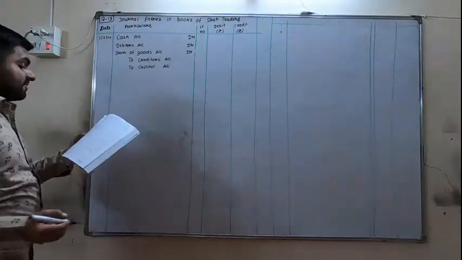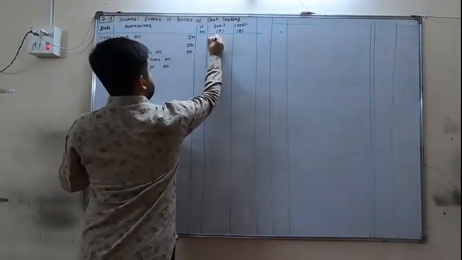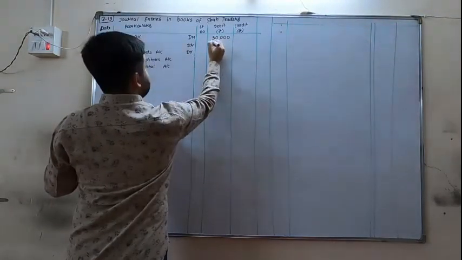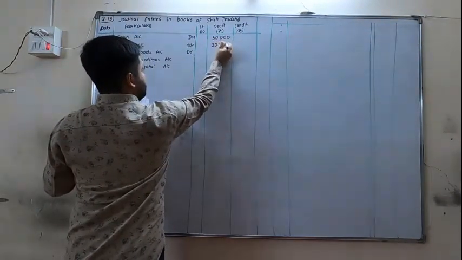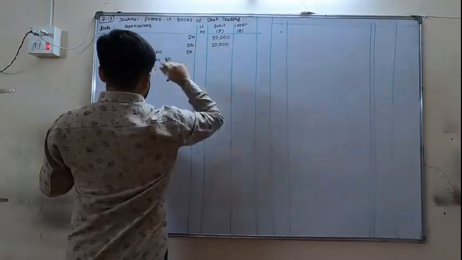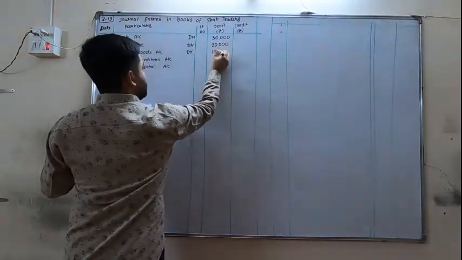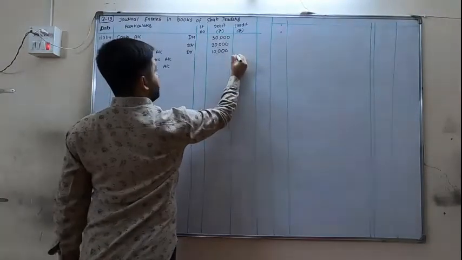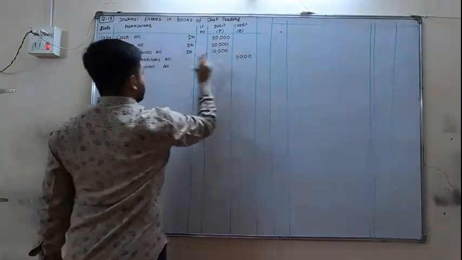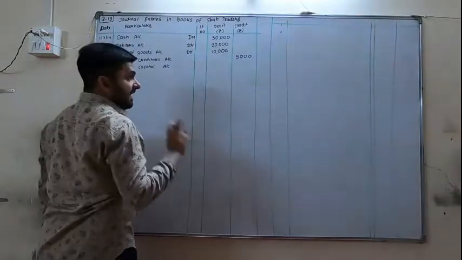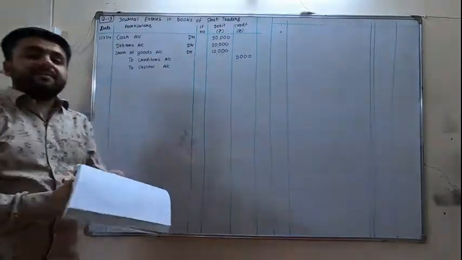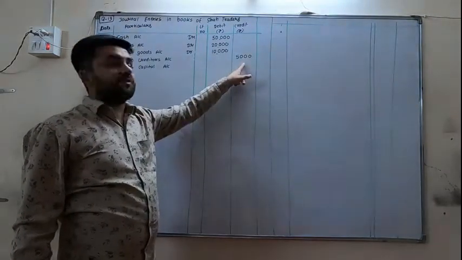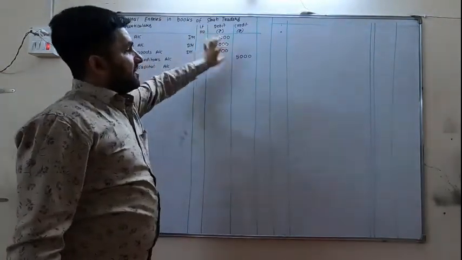Now let's write the amounts. Cash 50,000, debtors 20,000, stock of goods 10,000. Now creditors are 5,000, but don't write it on debit, write it on the credit side of creditors. As daily we are totaling, but here one credit amount is also there, so take the total of debit minus credit.